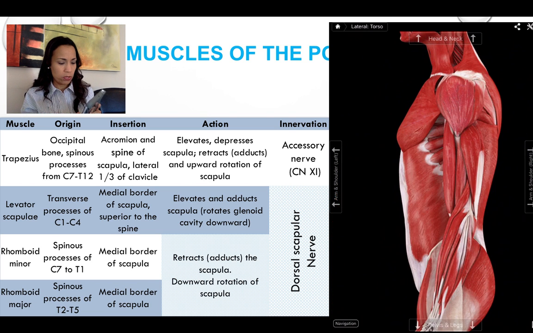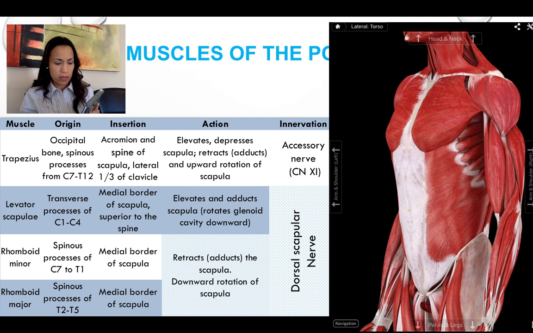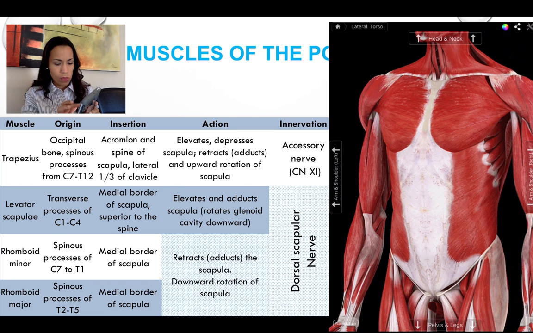Let me show you the insertion on the clavicle. See, in here it is inserting into the spine of the scapula and acromion, and in here in the clavicle. Let me show you here. In the lateral, this is trapezius, so in the lateral third of the clavicle.